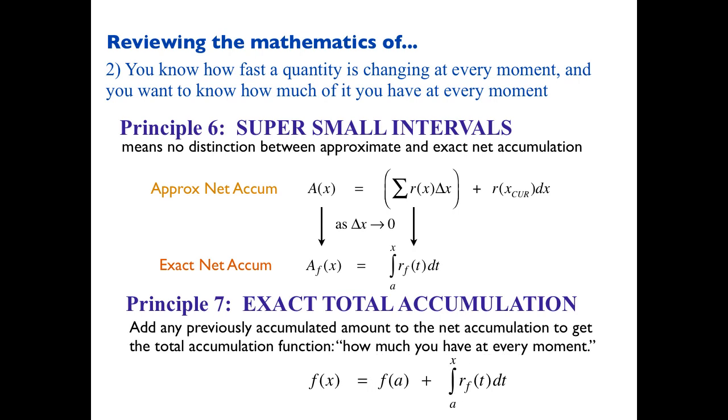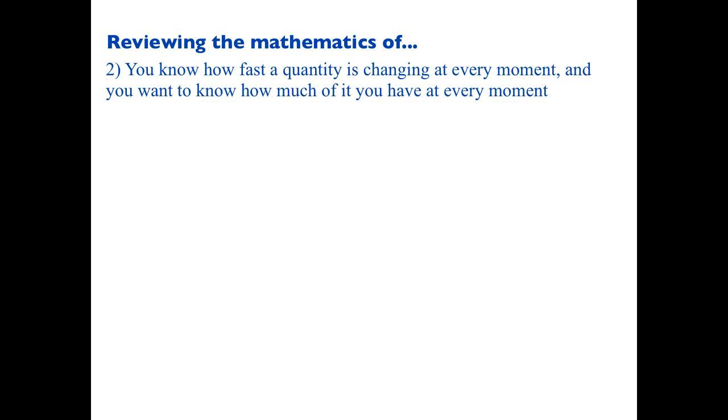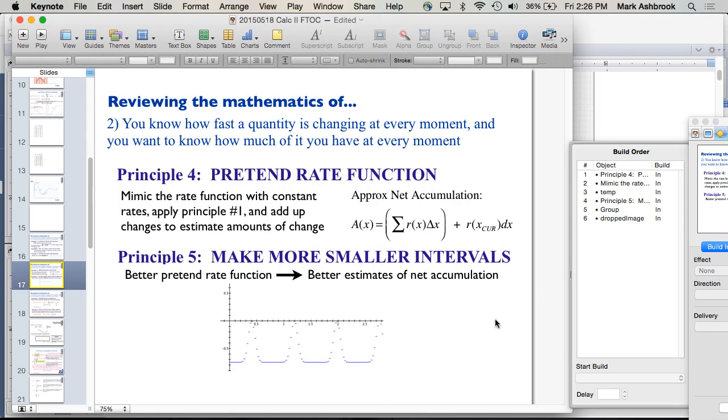Okay, so let's take this a step further. So this is kind of, we made it, we arrived, we've recapped the math of this endeavor here, or this problem, or this question. Let's take it a step further.